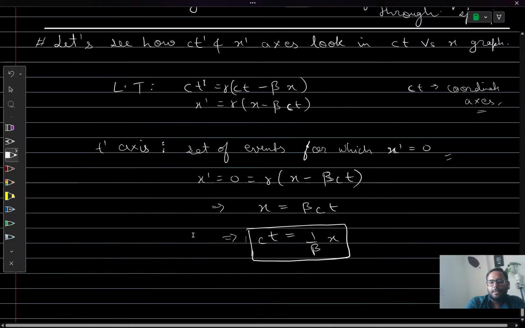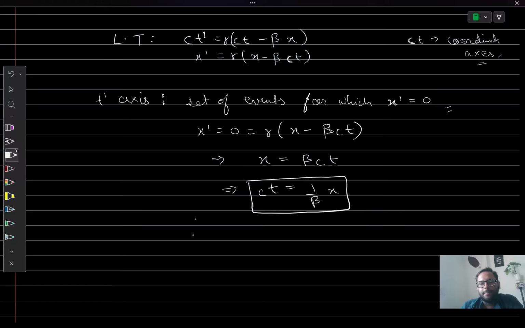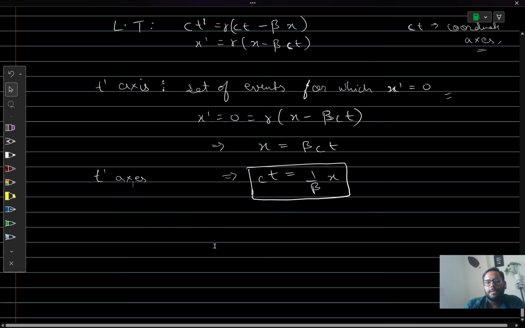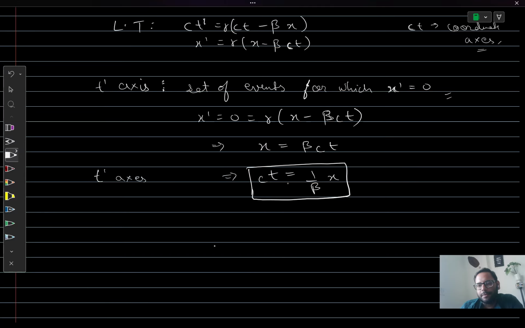This is the graph of the t prime axis, the world line of the t prime axis in the ct-x graph.